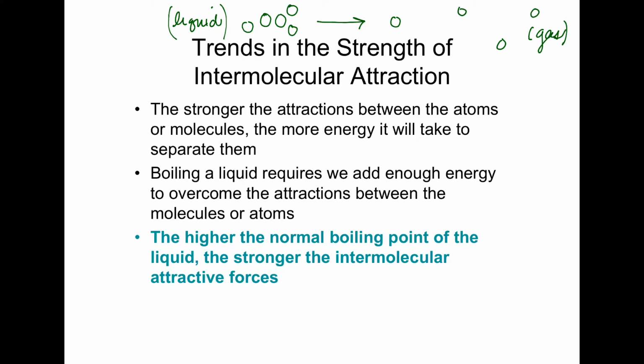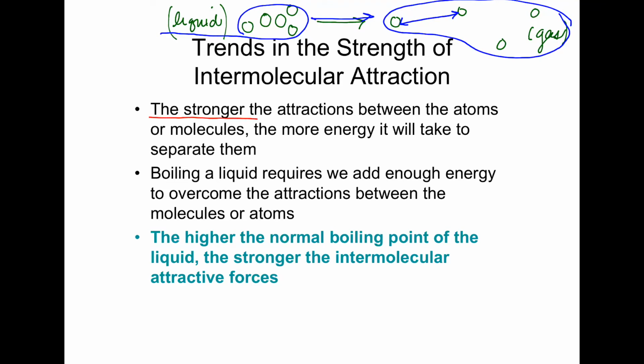Now again, when we're talking about boiling something, we're talking about taking something in the liquid state, in which the molecules or atoms are pretty close to each other, and making it into a gas where the particles, those could be atoms or molecules, are really far apart from each other. So what we're trying to do is move molecules away from each other.